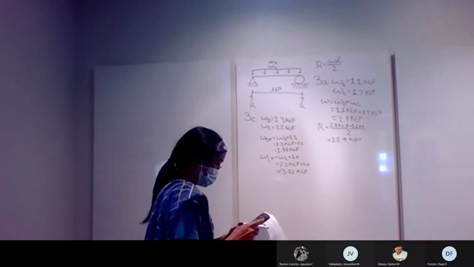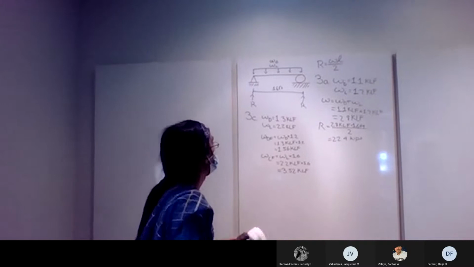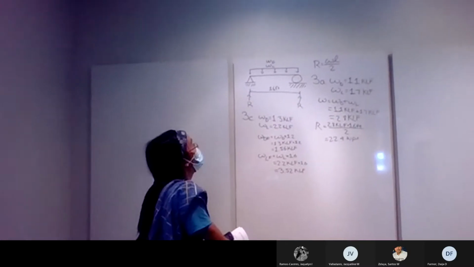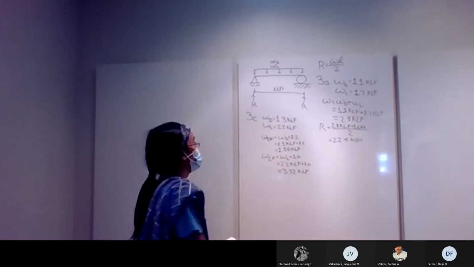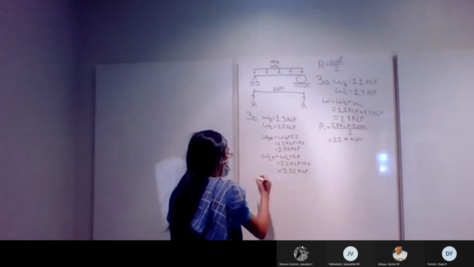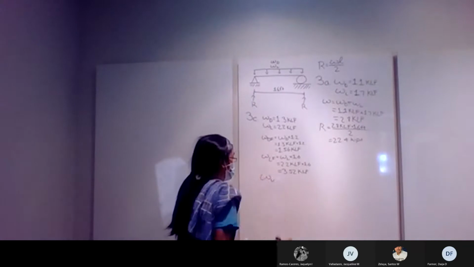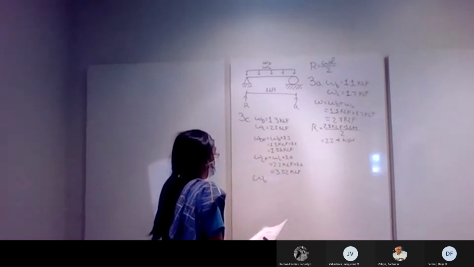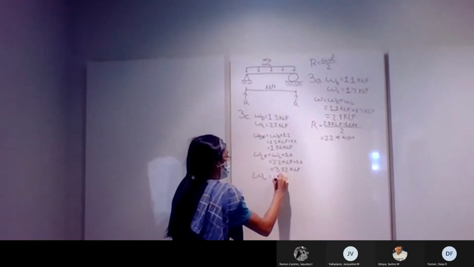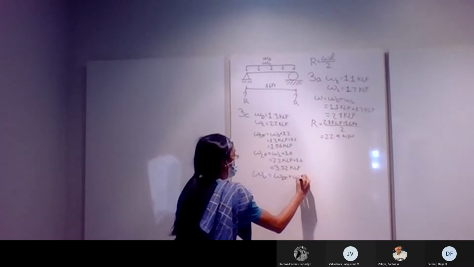Double check that. Yep. Right, so now we have factored dead load and we have factored live load. We want ultimate load. So how do we do ultimate load? We just take both of the factored loads and then just add them together. So ultimate load is just gonna be factored dead load plus factored live load.